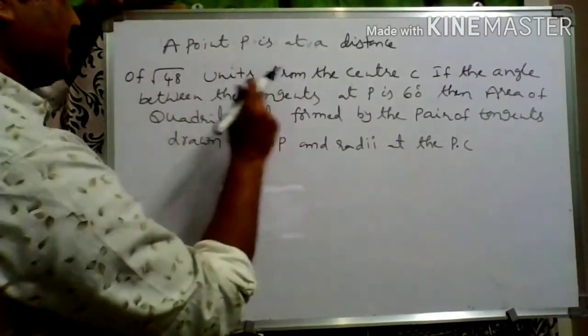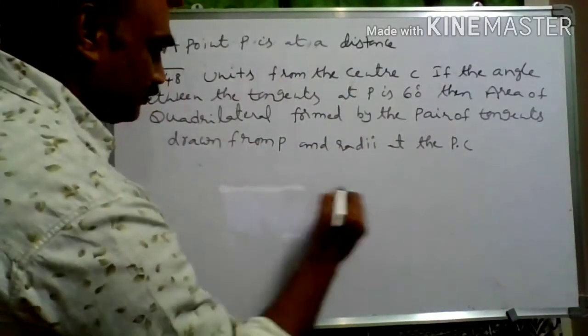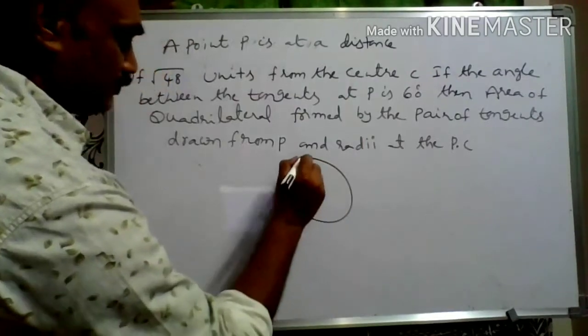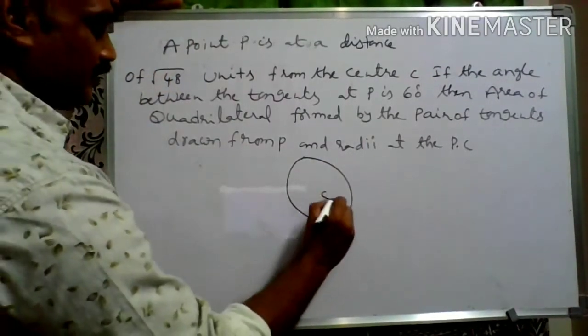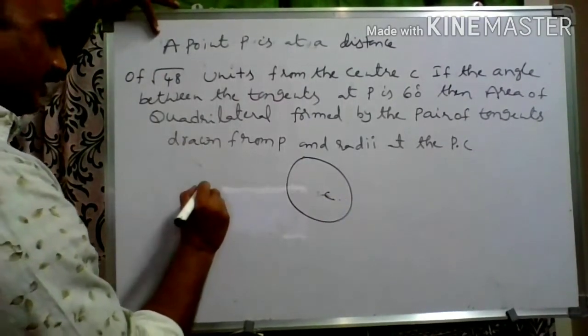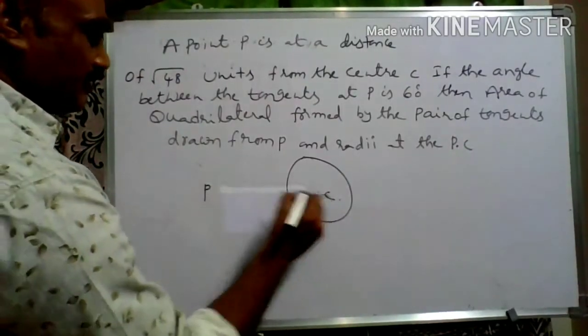A point P is at a distance of root 48 units from the center C. This is the center, students. This is root 48.